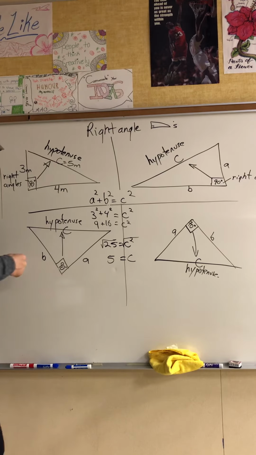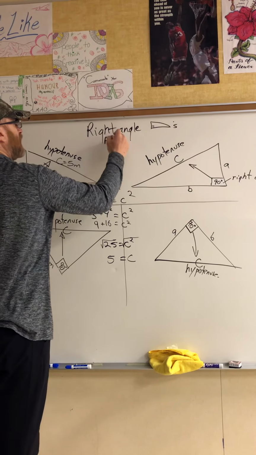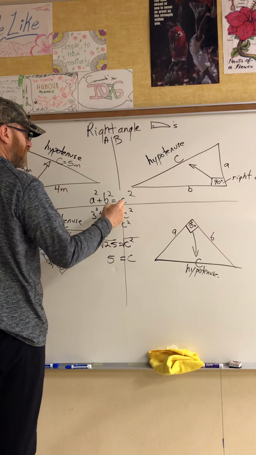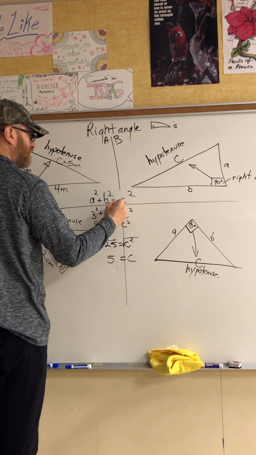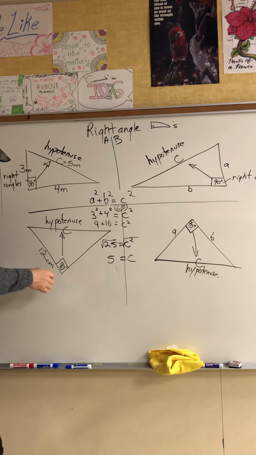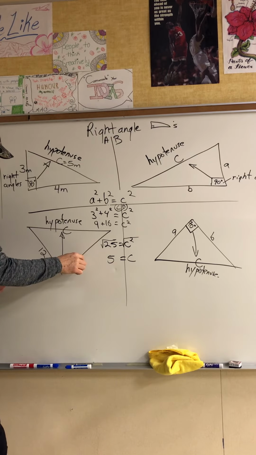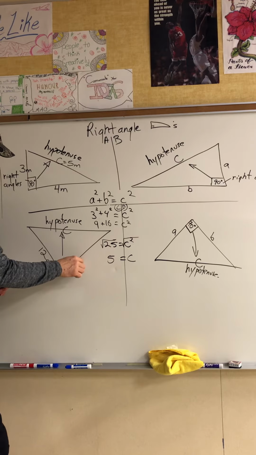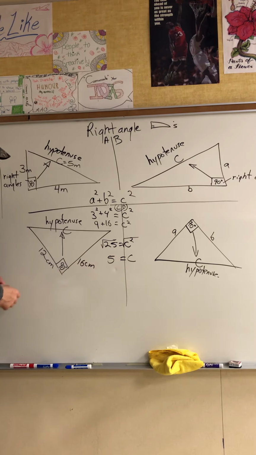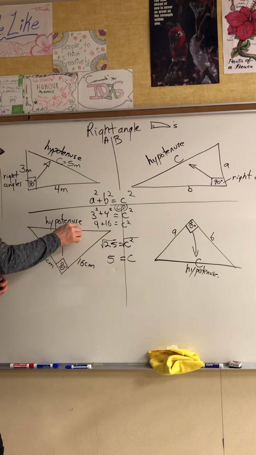I'll give you some numbers here. Let's see. We'll make this one 12 centimeters. And let's call these A, B, C, and D. 12 centimeters, 16 centimeters. What's C?